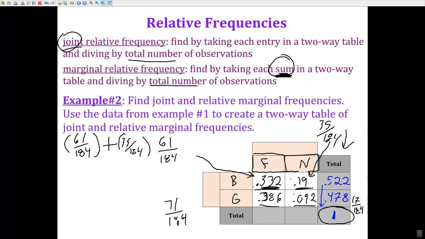You do the same thing for down here. I got 0.717. And over here I got 0.283-ish, right? You add these together, you should get 1 as well. So if you're looking at the information, you can say that this right here is the percentage of people that were in favor, right?